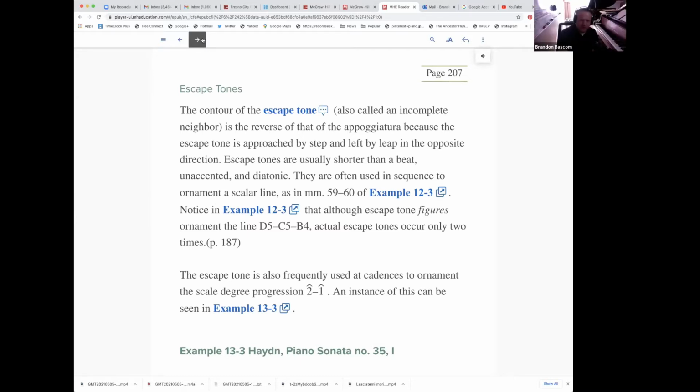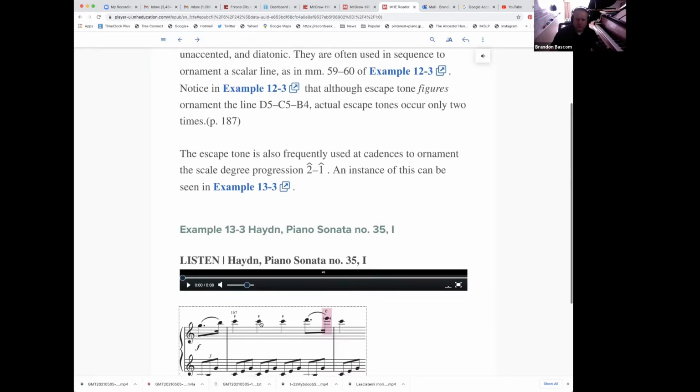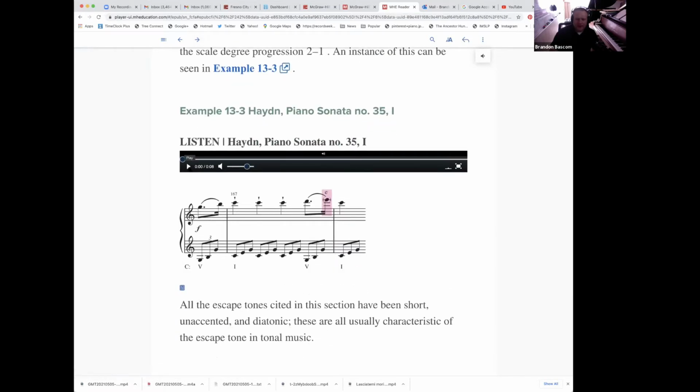Escape tones, also called an incomplete neighbor, are the reverse of the appoggiatura because the escape tone is approached by step and left by a leap in the opposite direction. They are usually shorter than a beat, unaccented, and diatonic. Also used frequently at cadences.